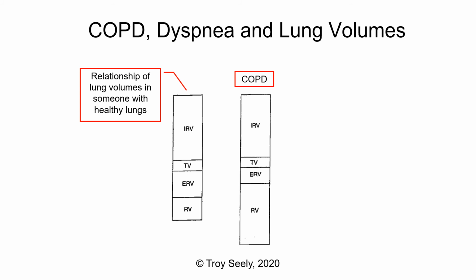Now appreciate, if we look on the right related to COPD, that inspiratory reserve volume and tidal volume are exactly the same. Expiratory reserve volume, though, presents as smaller, and residual volume is much larger compared to somebody who has a more normal lung presentation.